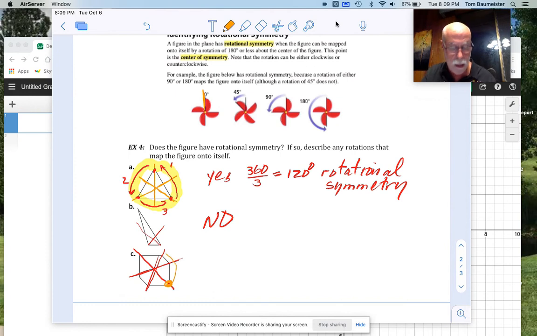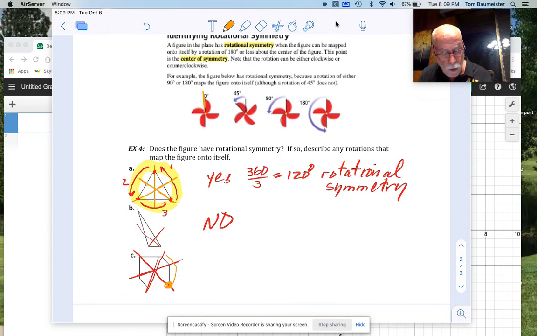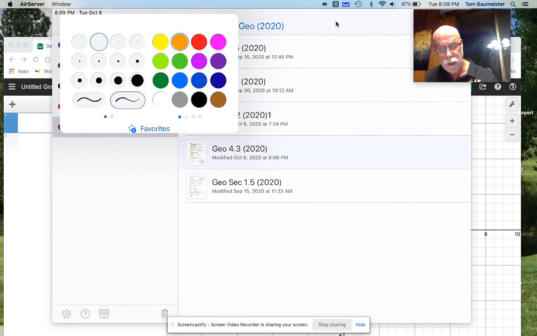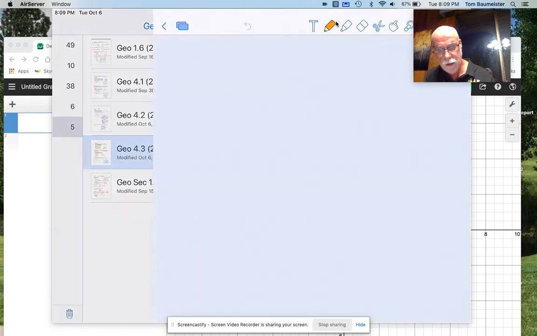And you're going to tell me no. But if I go all the way here, it's going to look like its original shape. So there's one time. Again, the only other way it'll do it is right there, and that'll be 2 times. So does it have rotational symmetry? And you would tell me yes.